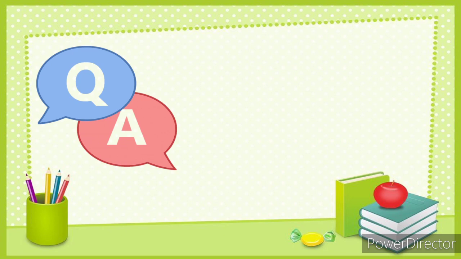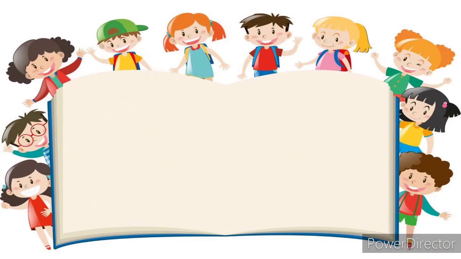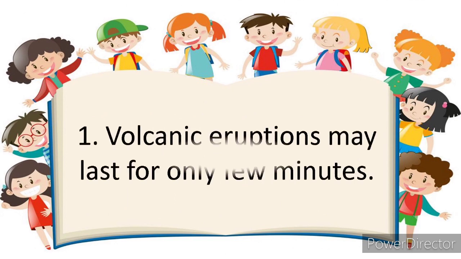Do you want some more, children? Okay, let's have some more. Let's have test B. Write fact if the statement is correct and bluff if not. For statement number 1, volcanic eruptions may last for only a few minutes.